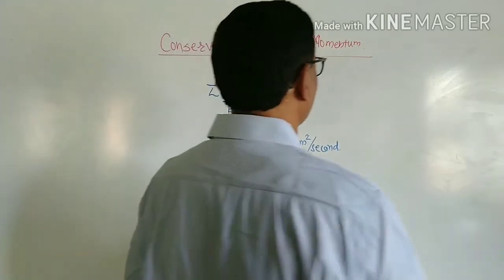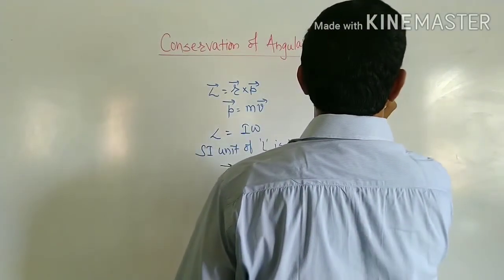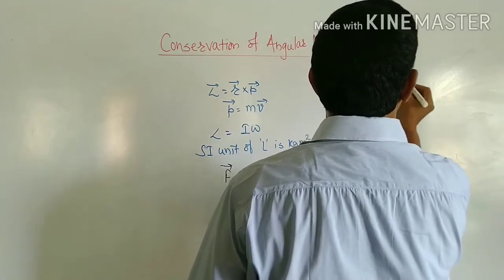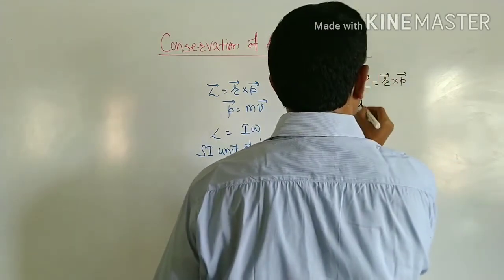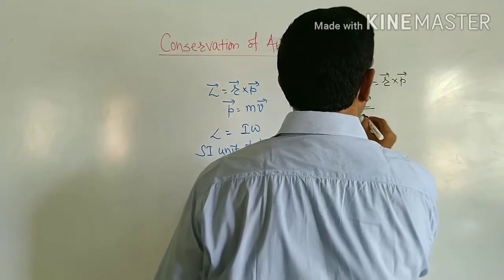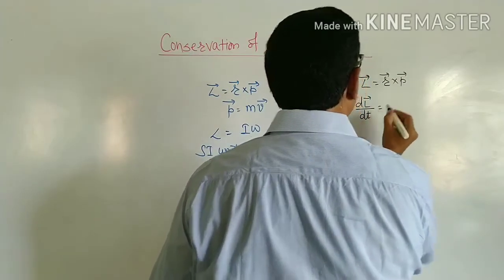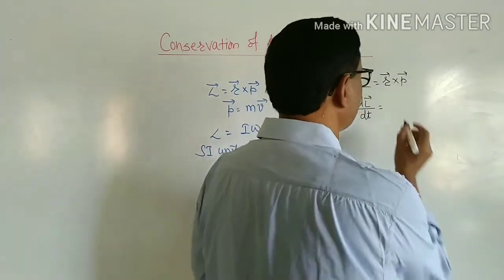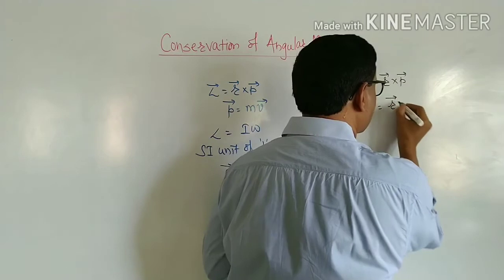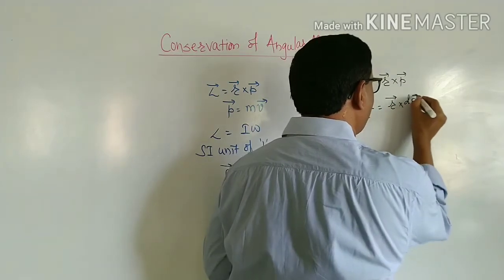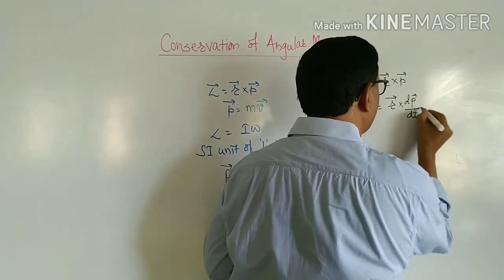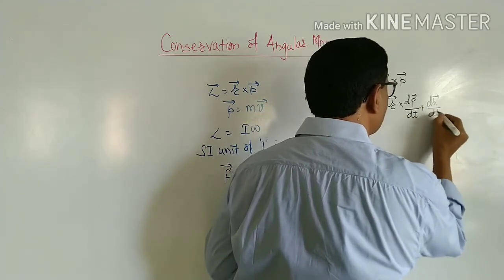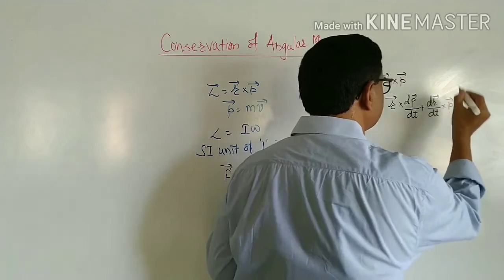The angular momentum of a rotating body is given by vector L is equal to vector R cross vector P. Taking dL by dt, the rate of change of angular momentum, it is vector R cross dP by dt plus dR by dt cross P.